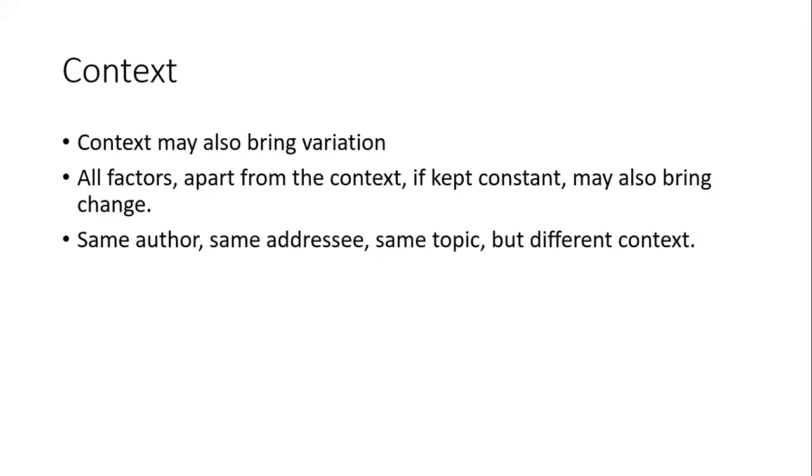All factors apart from the text, if kept constant, may also bring change. So if we have the same author, the same addressee, the same topic, but the context is different, your text is going to be different. The end result is going to be completely different.